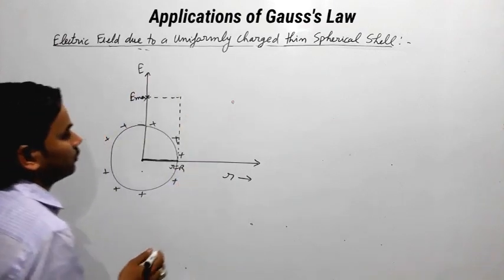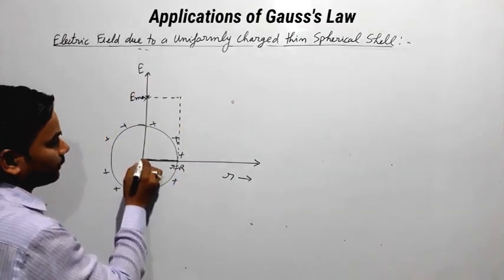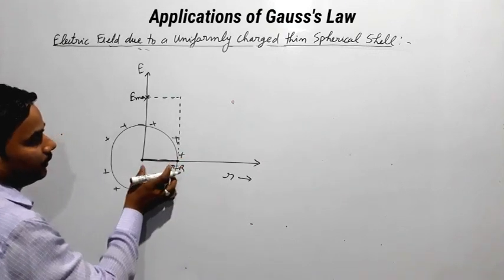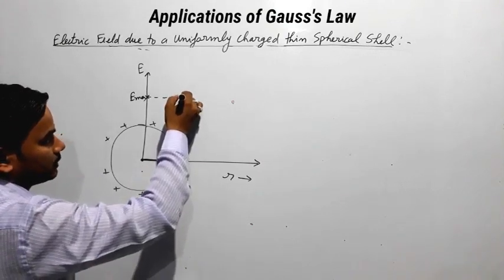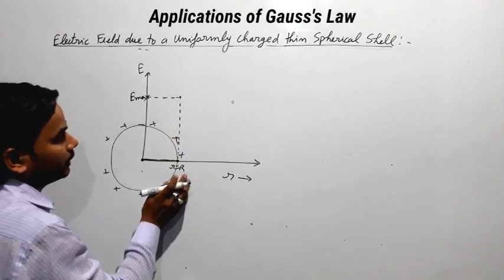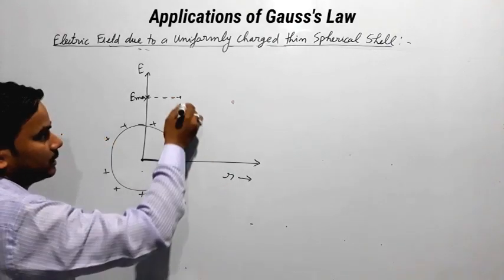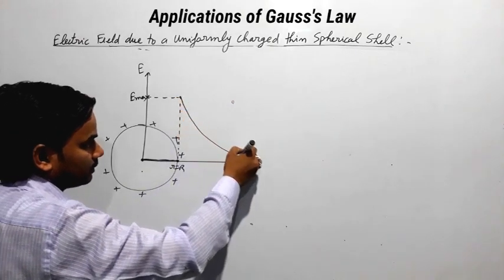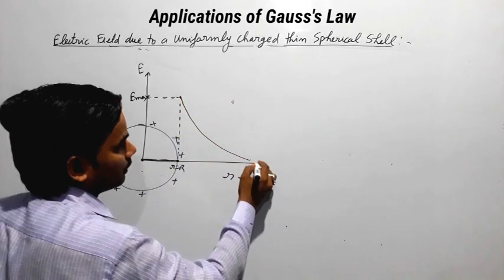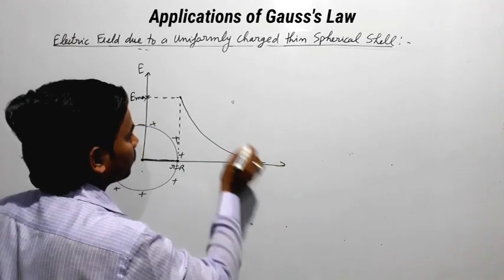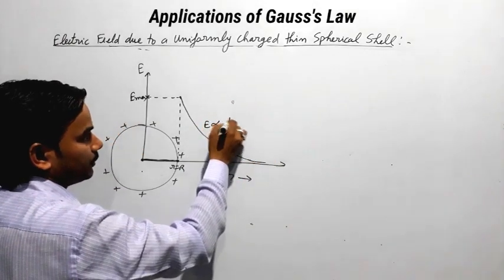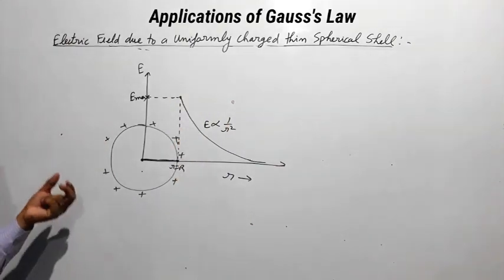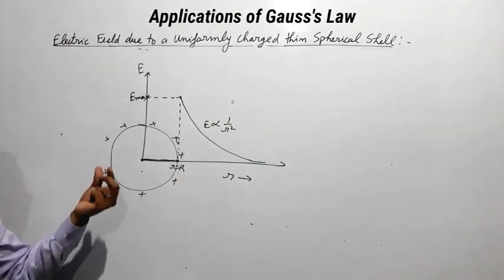Okay, so till the surface the electric field will be 0, and at the surface this will be maximum, and if we increase the distance further, then this will decrease like this, as E is inversely proportional to R square, because the value of electric field is E equals to 1 upon 4 pi epsilon naught q upon R square.